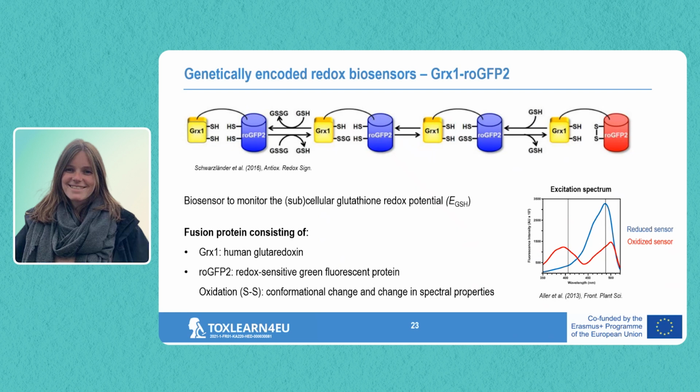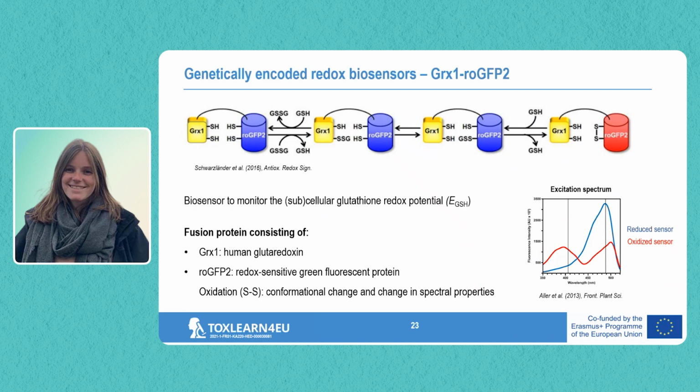And when the conditions in the cell become more oxidizing, then glutathione will be oxidized to glutathione disulfide. So it's basically two glutathione molecules with a disulfide bridge in between. And this sensor specifically responds to changes in this redox state of glutathione.